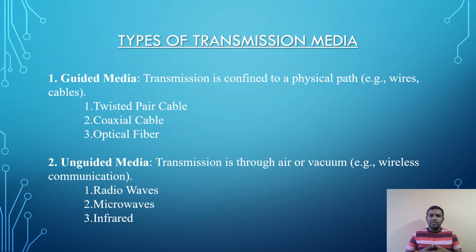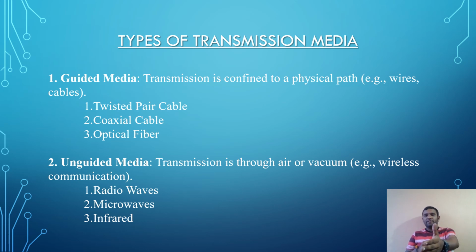Unguided media is transmission through air or vacuum. Here the transmission is not guided. It is not meant to go to a specific part. It is just transmitted from the sender, and any system around the place can receive it because it is left in the air, in vacuum.